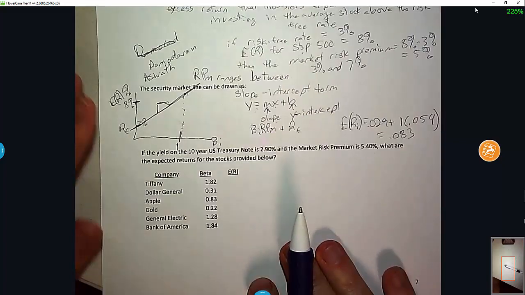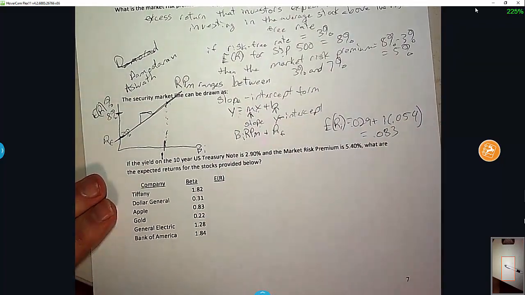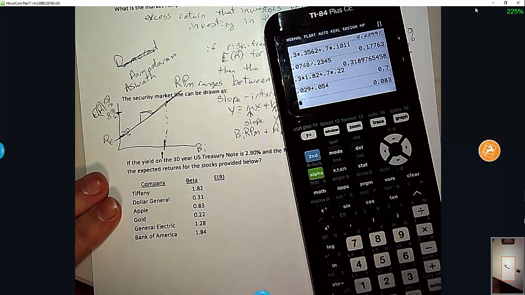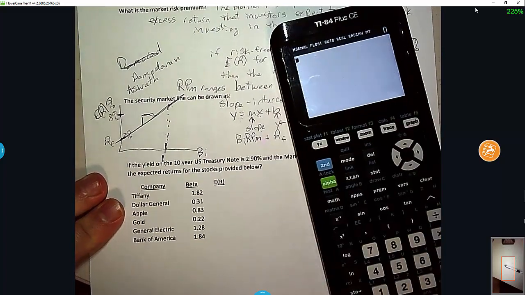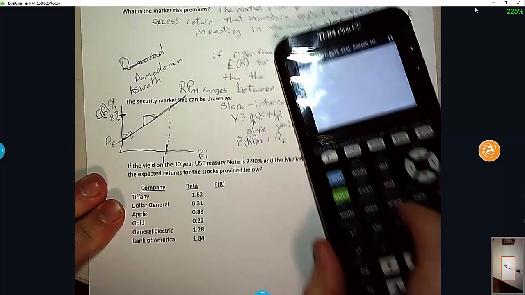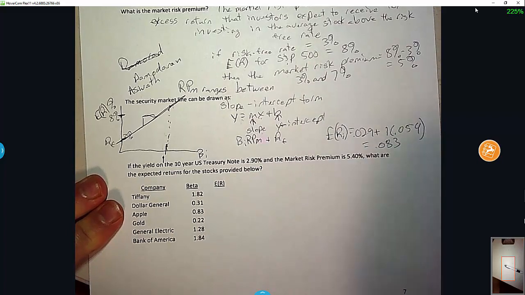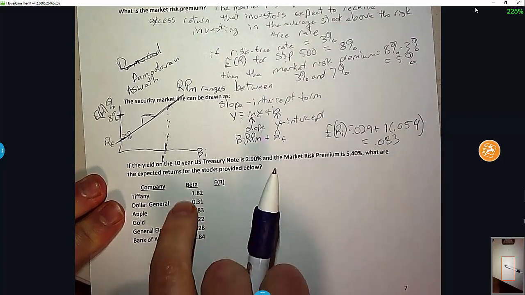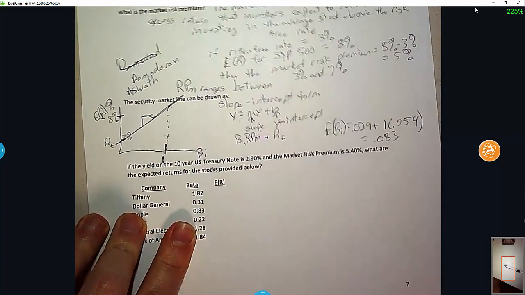So let's calculate. We don't need to draw lines for these. We can just calculate the expected returns using the capital asset pricing model to determine the outcome. So again, our risk-free rate is 2.9%. The market risk premium is 5.4%. Then we just need to plug in the betas to get our returns.